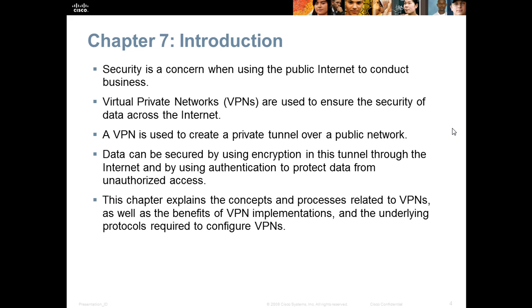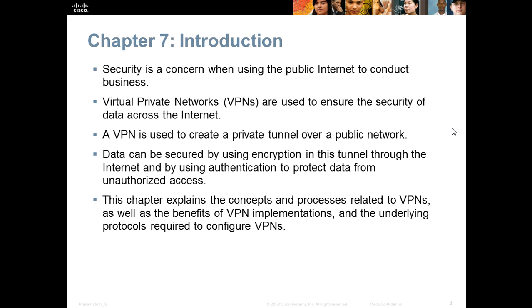Further to that, security is a concern when using the public internet to conduct business. VPNs, or virtual private networks, are used to ensure the security of data across the internet. A VPN is used to create a private tunnel over a public network.